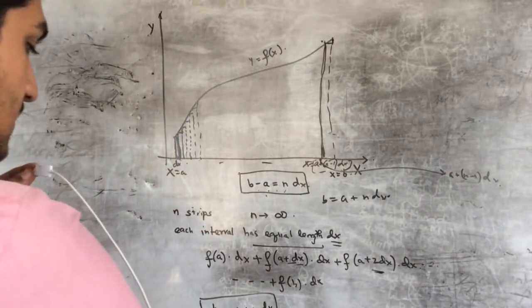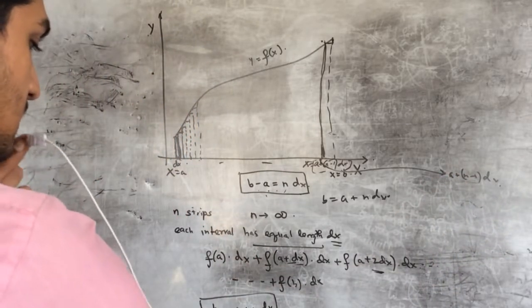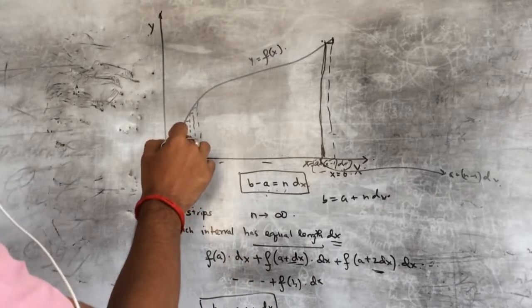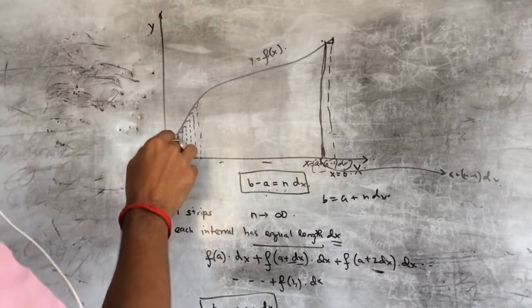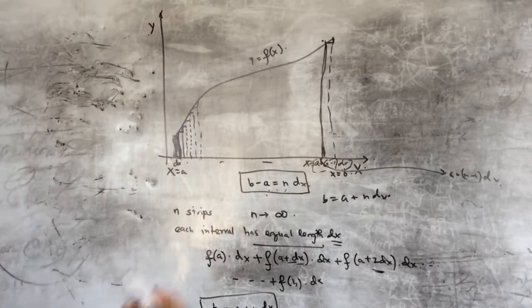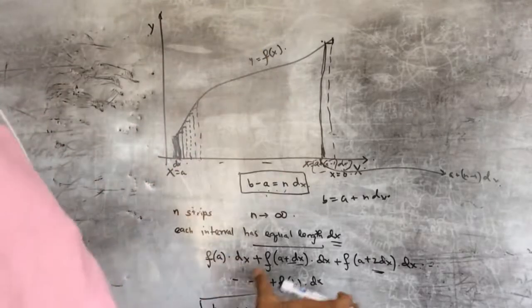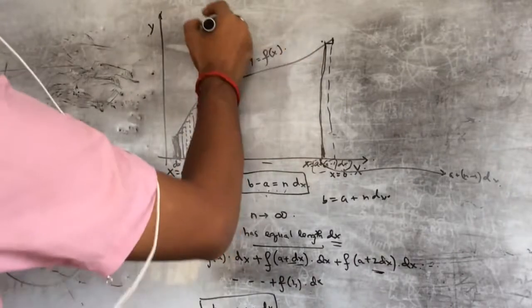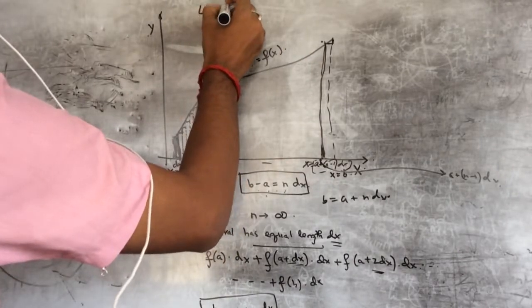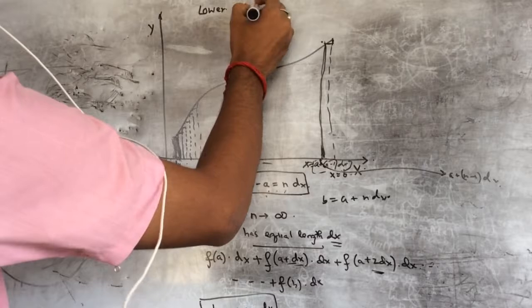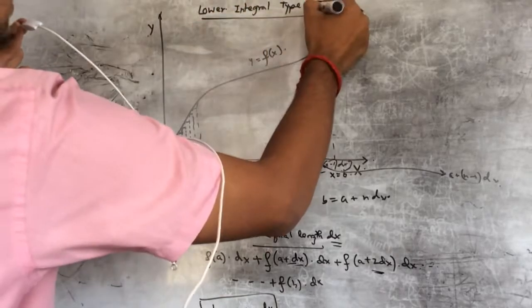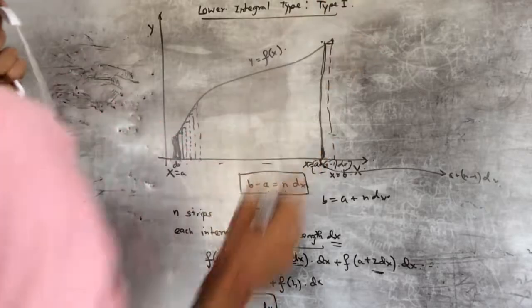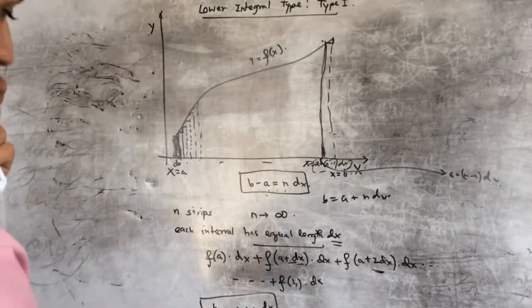And if we start calculating the area from this first strip, we call this Riemann integral technique a lower integral, type 1 lower integral.